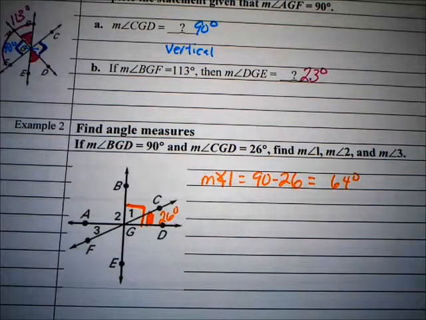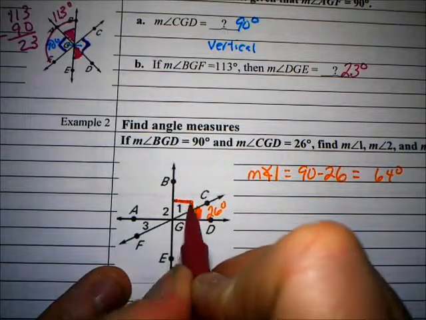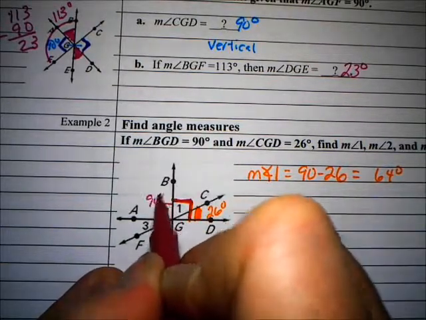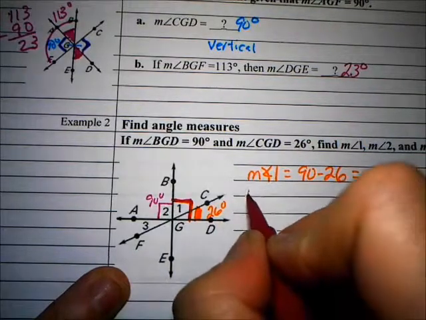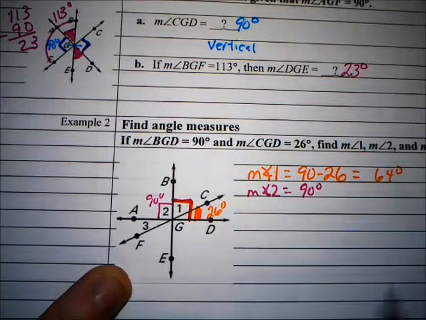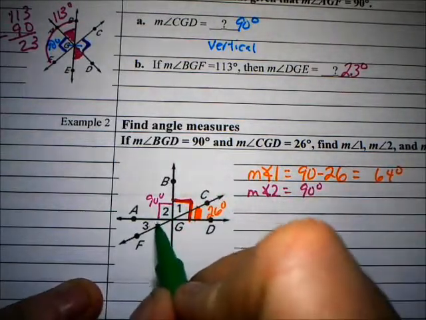The measure of angle 2 is on the other side, and if the right hand side is 90 degrees, the left hand side is also going to be 90 degrees because this forms a linear pair. So I can look at it straight out and say that this is 90 degrees. And then I'm left with one more angle. Let me get green this time. Measure of angle 3.